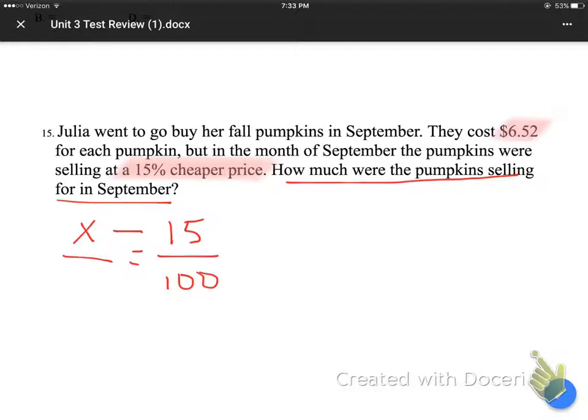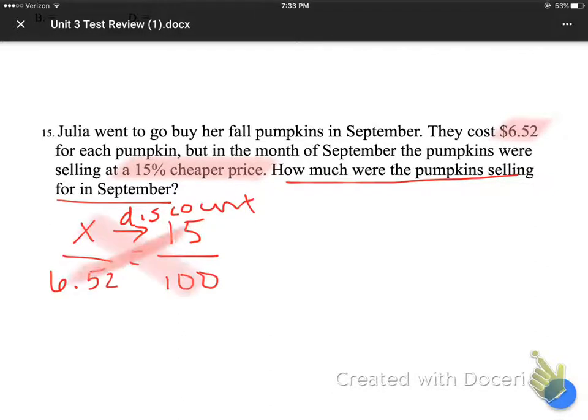and your X is going to represent your discount. And so we get a 15% discount. And we don't know our discount, so that's why it's X. But I do know how much they originally cost, which is $6.52.